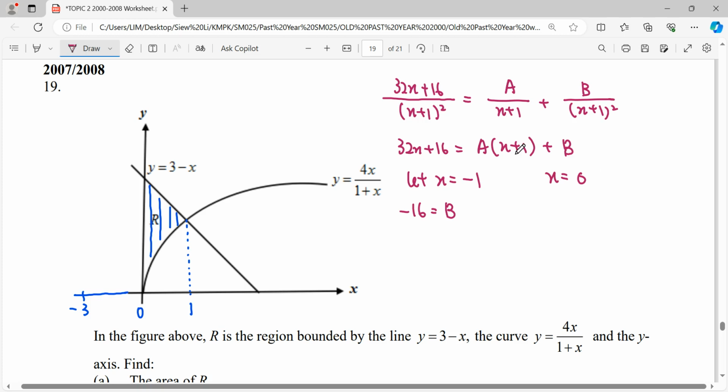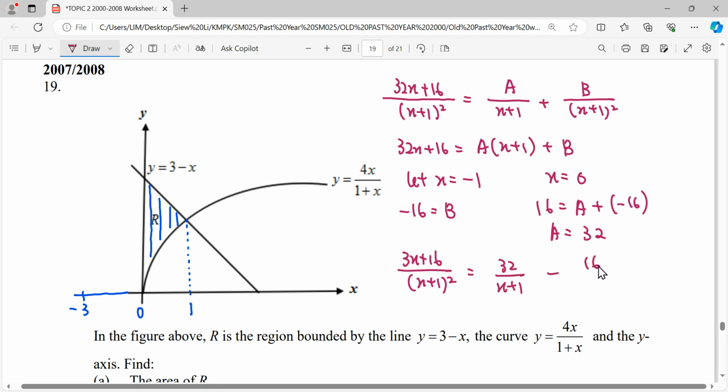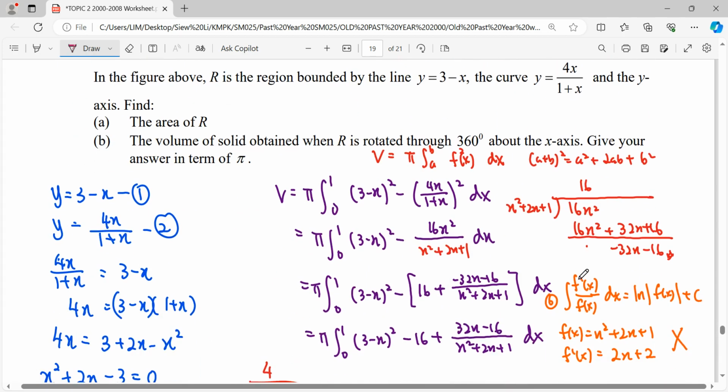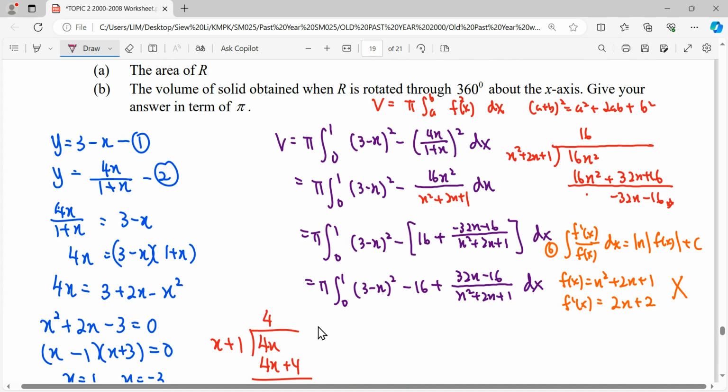Then when we substitute x equals 0 with the B that we found, negative 16, A will be plus 16, which is 32. So this fraction expressed in partial fractions is 32 over x plus 1, minus 16 over x plus 1 squared. We will substitute this into our integration.